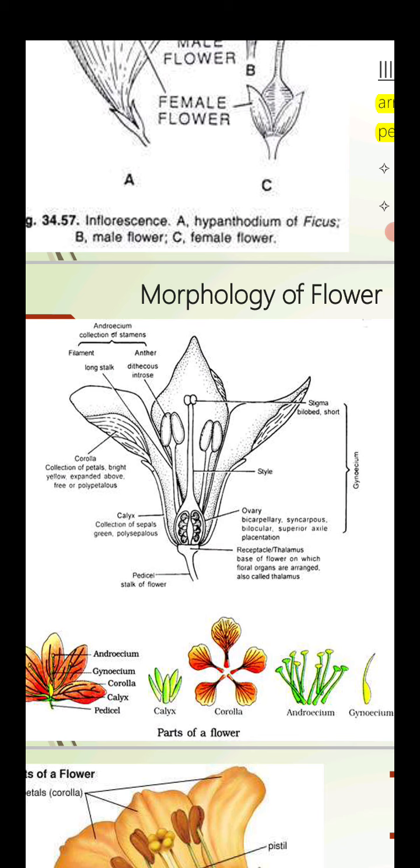Calyx is the collection of sepals, that are green and polysepalous. And what is the meaning of corolla? This is the collection of the petals, bright yellow, expanded above, free or polypetalous. Next thing is the stigma, style and ovary, which together are called the gynoecium. Next thing is the androecium, the stamen, with anther and filament.